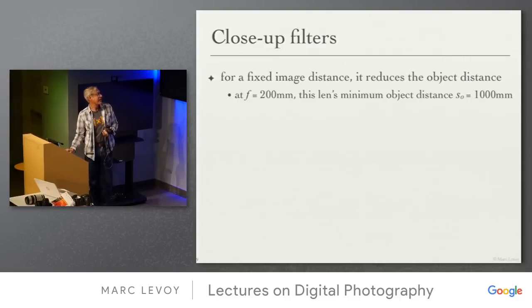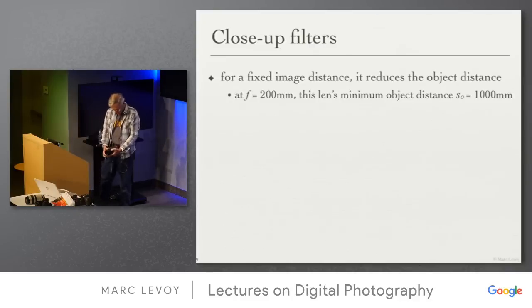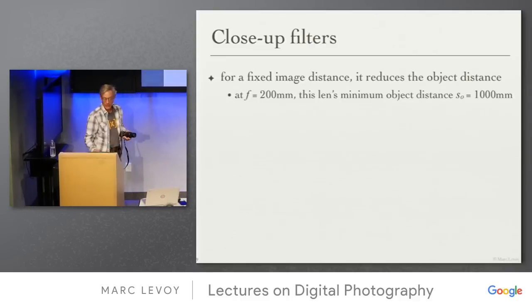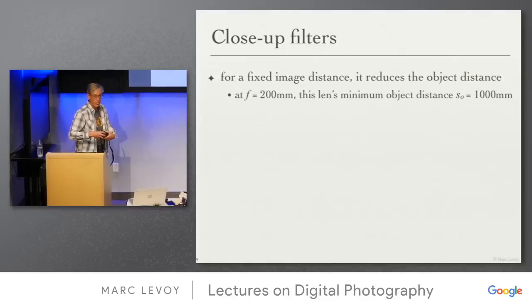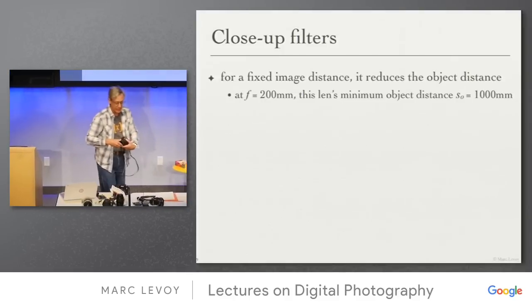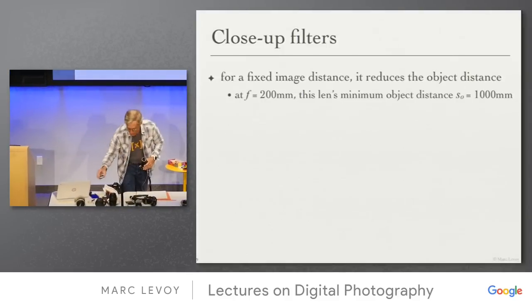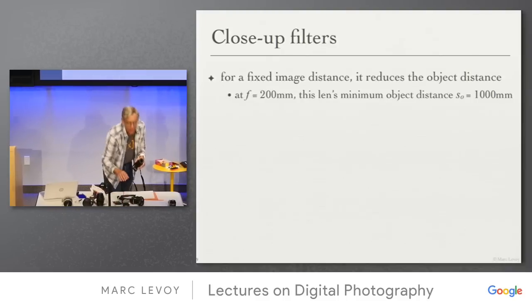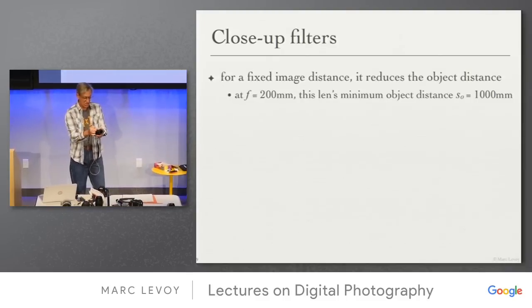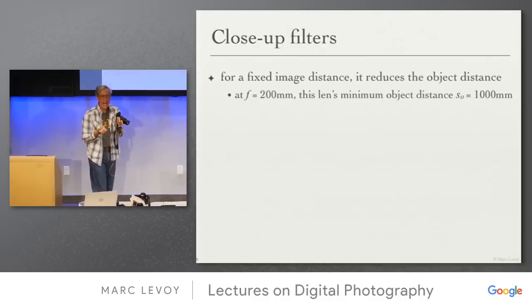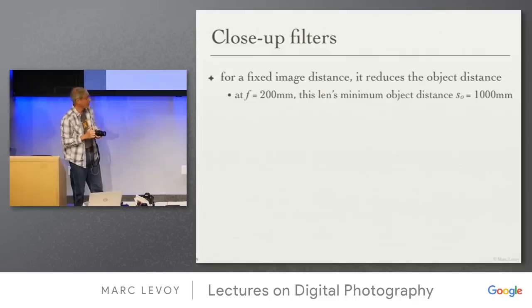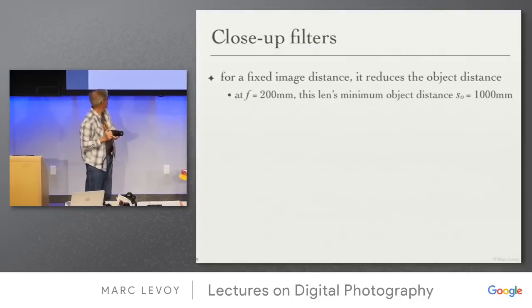So let's say at f200, so now the lens is set on f200. The lens minimum object distance is 1,000. So it can't focus on something as close as its focal distance, because this distance is just 250 millimeters, and that's just governed by the mechanics of this particular lens.